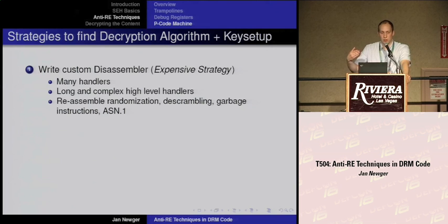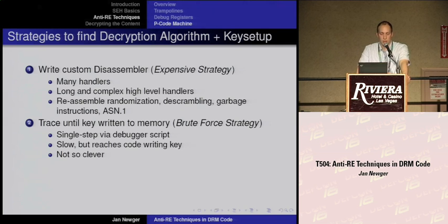So you would have to analyze all the complex high-level handlers up front in order to make a meaningful disassembly. And for the disassembler to work, we would also need to reimplement the randomization, the descrambling of opcodes, the garbage instruction handling, and ASN1 parsing. So that's really kind of expensive.